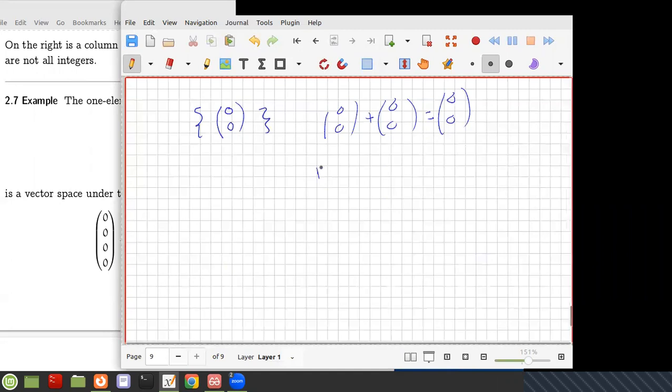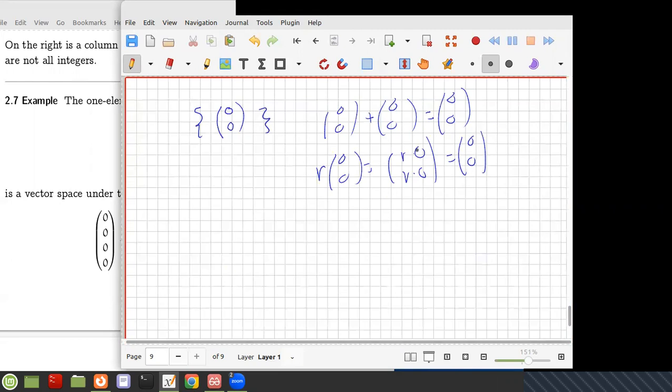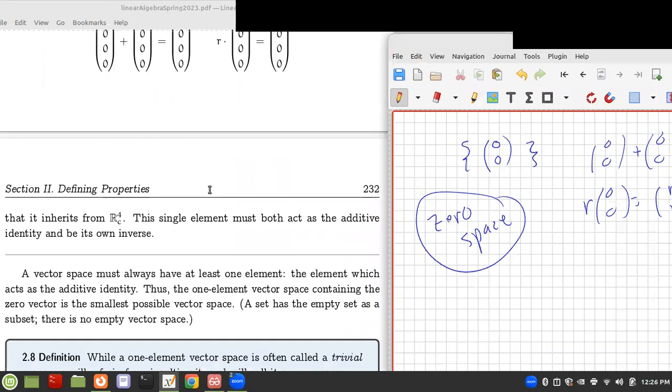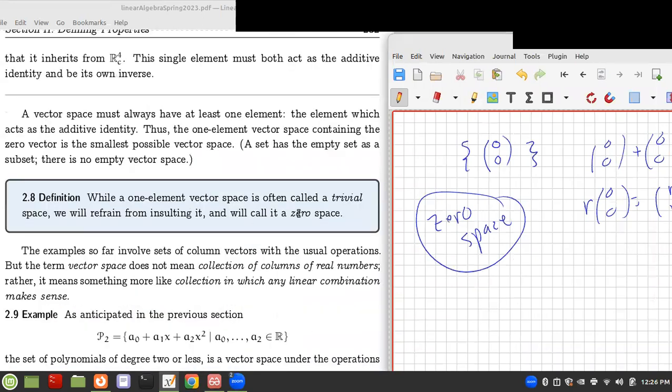And r times 0 equals 0, 0. And you can see from this that it is its own inverse. And so all the properties apply. So this is a vector space. It's the zero space. But it is a vector space. And that will turn out to be interesting or useful, okay? Sometimes it's called the trivial space, but we're going to just call it the zero space.